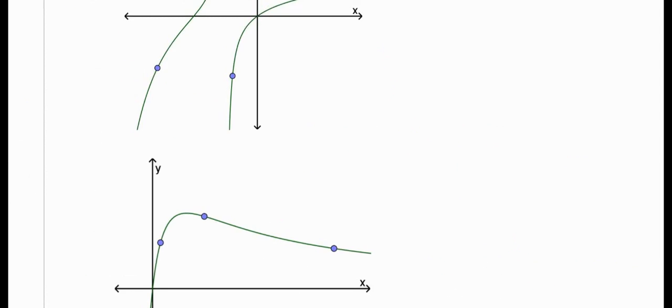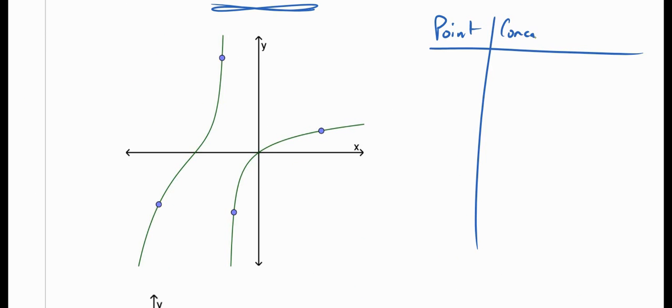Okay, so let's take a look. You have this sheet. We're going to look at the concavity, and then we're going to look at the second derivative. We'll just call it f prime. F double prime, I mean. Okay? So we'll call this point A. What's the concavity at A?